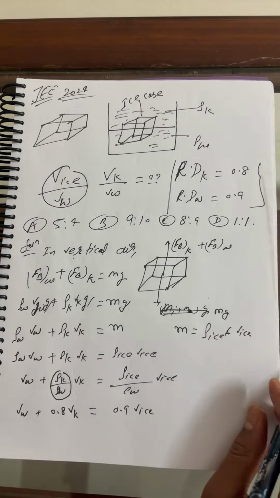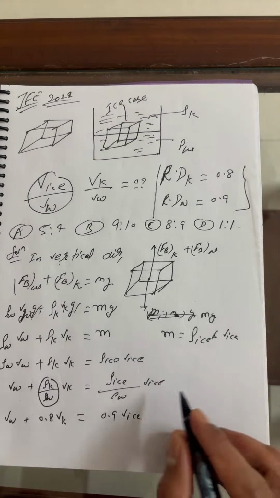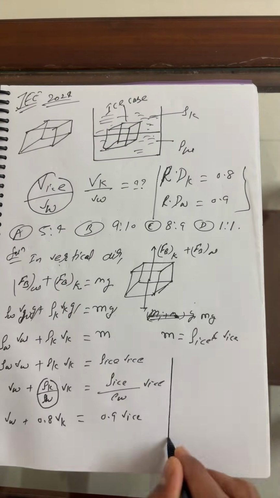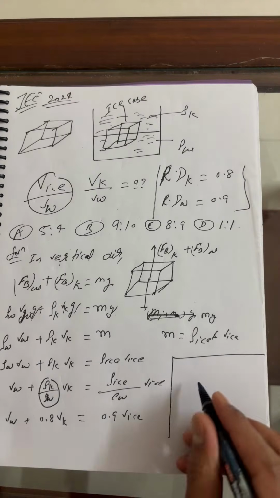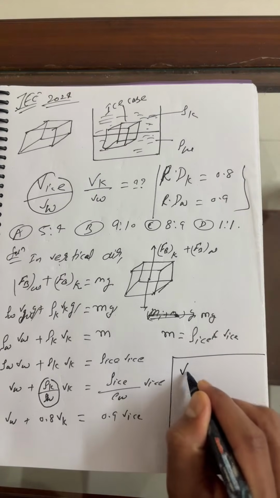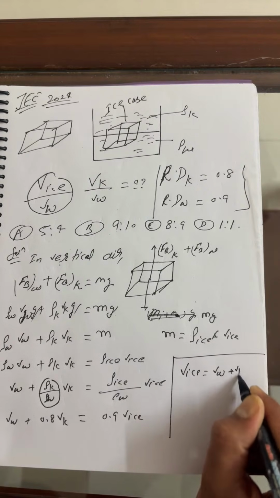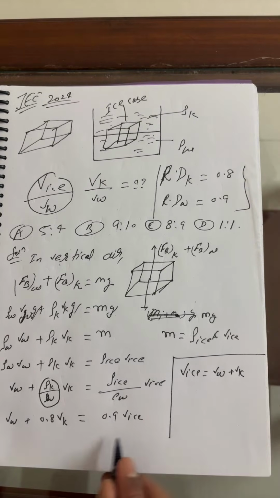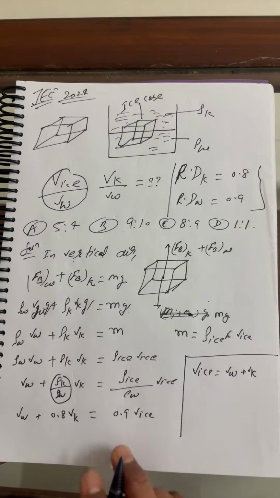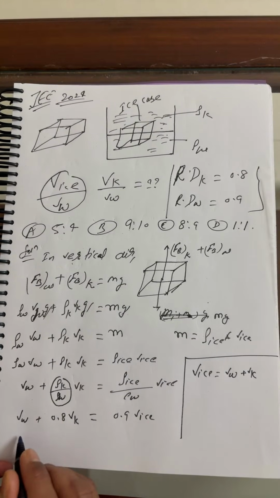Here, just one assumption you can take. Now, what I can say, volume of ice is what? Volume of water plus volume of kerosene. Just apply this calculation over here.